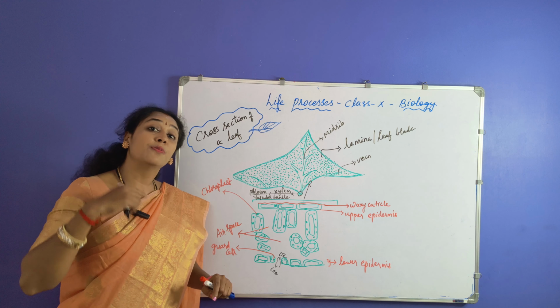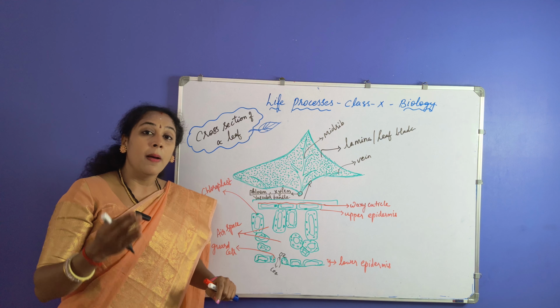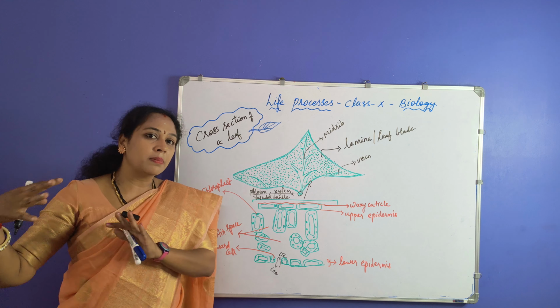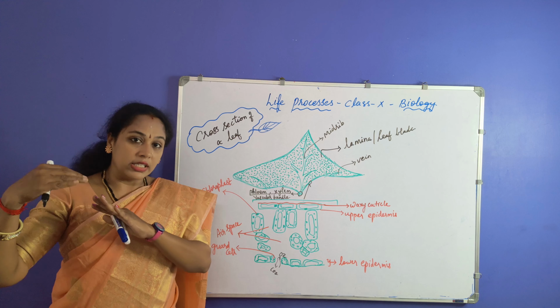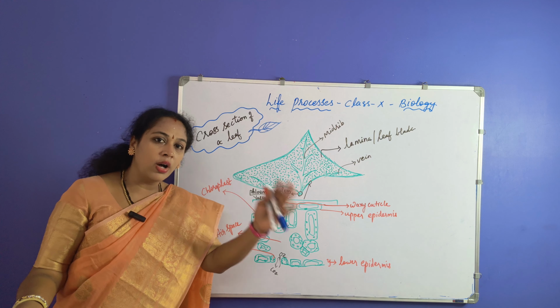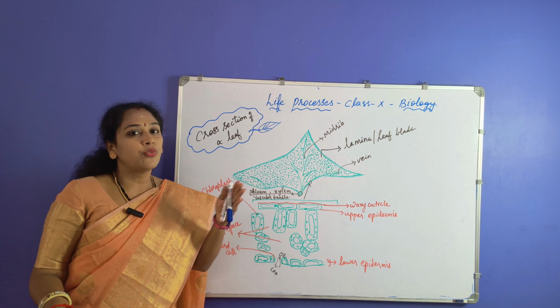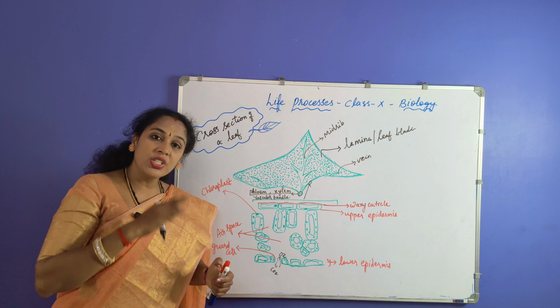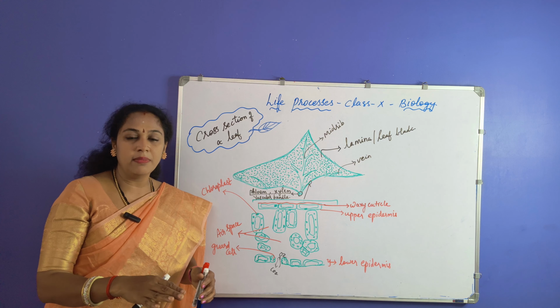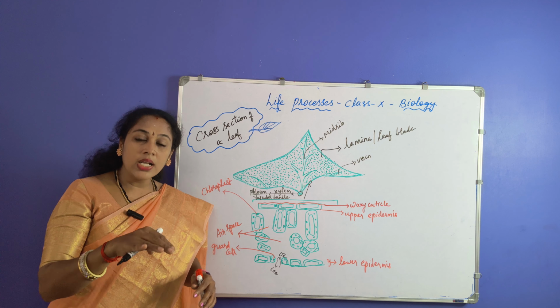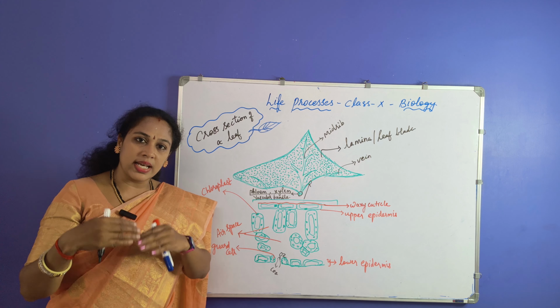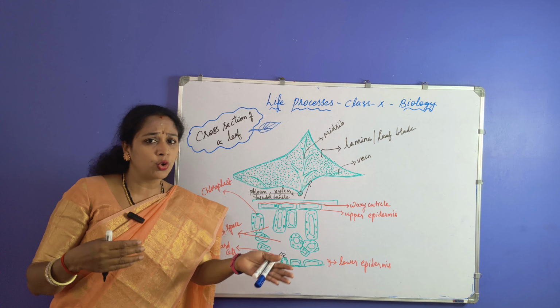This process takes place more at nighttime, but whatever carbon dioxide is produced at night is utilized by the plant in the morning, in the daytime, for the photosynthesis process. Respiration takes place even in the daytime, and the carbon dioxide released in the daytime is again utilized by the process of photosynthesis.